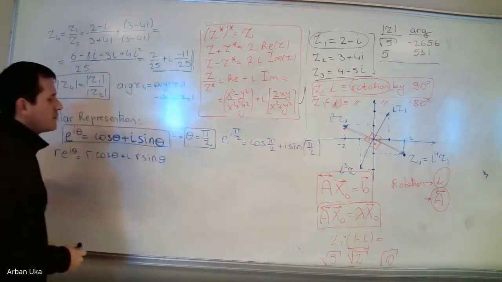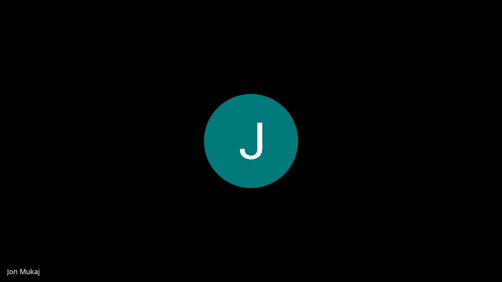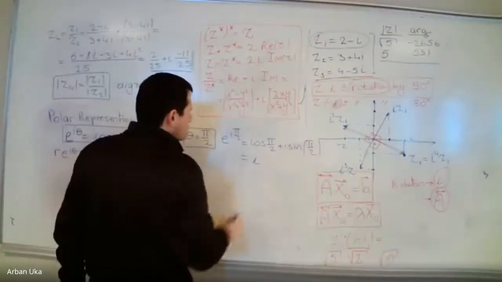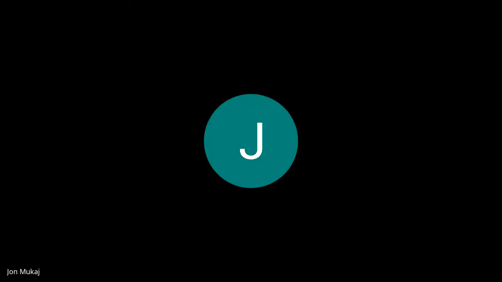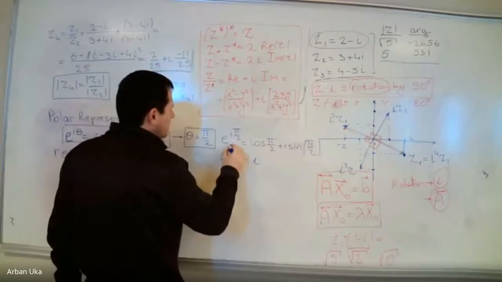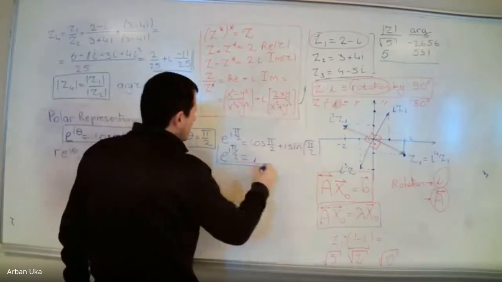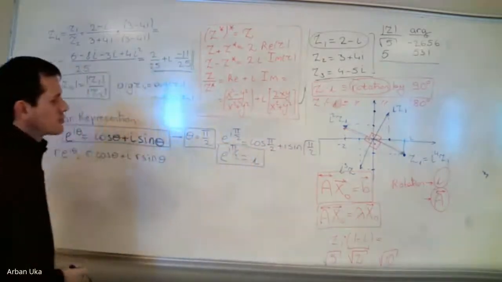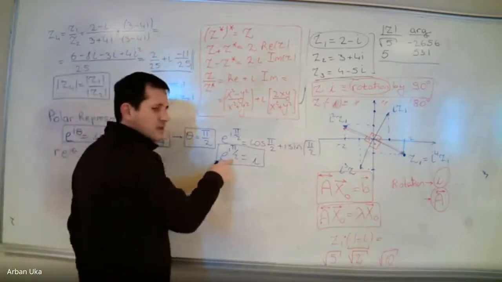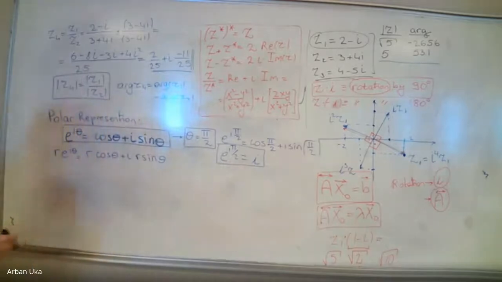What is cosine pi over 2? 0. What is sine pi over 2? 1. So this is i. So e to the power i pi over 2 is equal to i. So this complex number is represented by this polar representation.